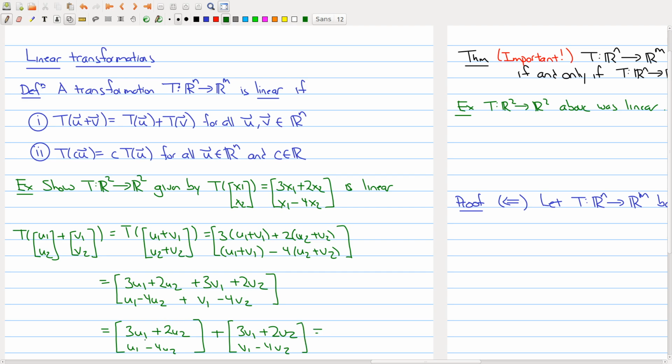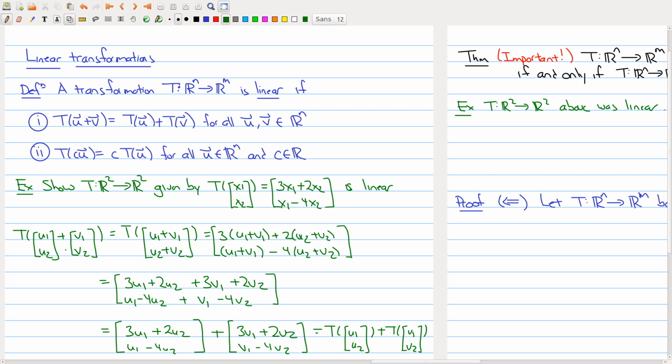And when I stare at both of these vectors, I see this is the vector that I would get if I had just plugged u1, u2 into my transformation. So this is the same thing as T(u1, u2) plus T(v1, v2).